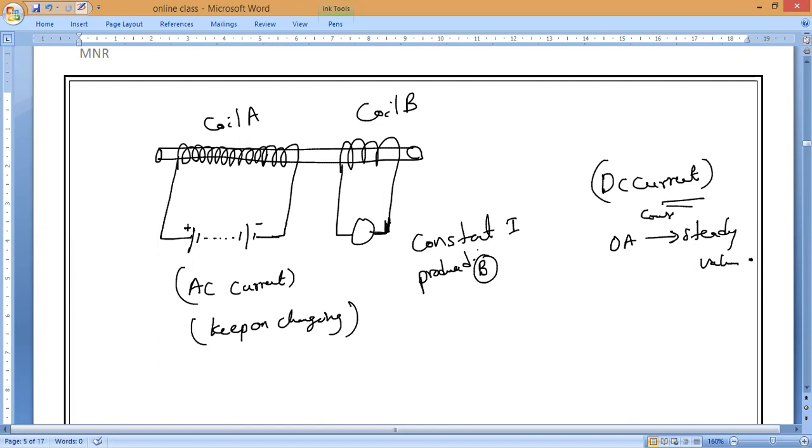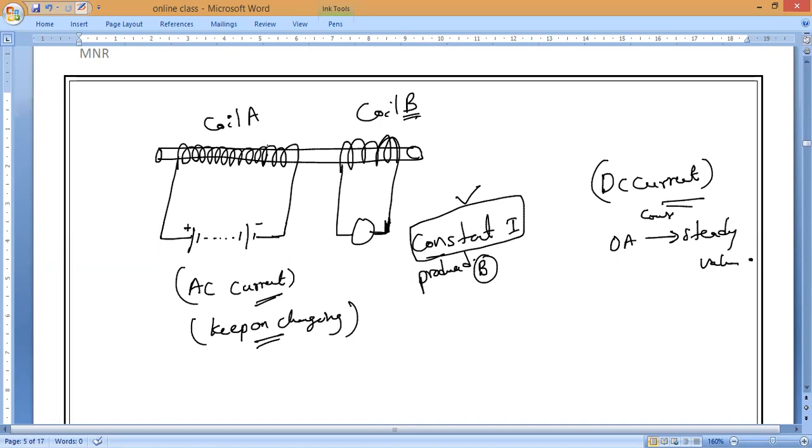So the constant current will be induced in coil B, whose magnitude will depend on the relative number of turns of the wire of coil A. Here more number of turns, more magnetic field changes, so that more current will be produced.